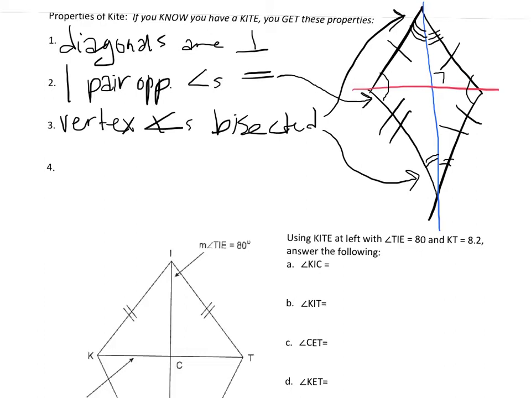So once again, for me, it's all about going back to this triangle right here, and how that triangle is congruent with this one on the right. And how we know that, because of CPCTC, those corresponding angles are going to be equal. And the last property we have is that one of the diagonals is bisected.